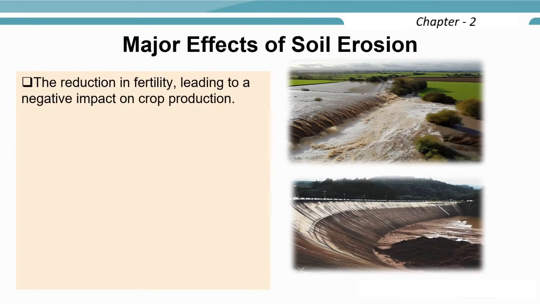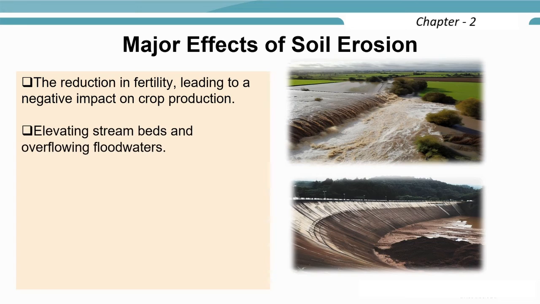It leads to considerable reduction in fertility because the topsoil, which is full of organic matter and other nutrients, is lost because of erosion. So reduction in fertility leading to a negative impact on crop production. There will be elevation of stream beds and overflowing of flood waters.